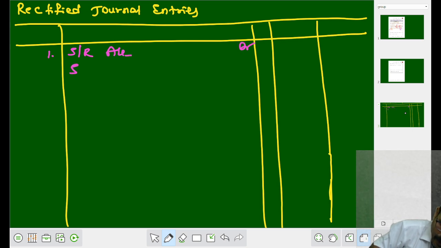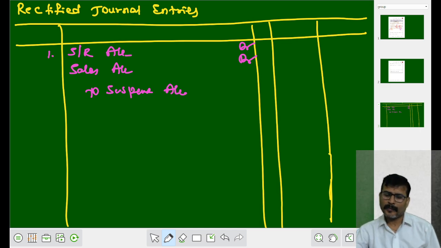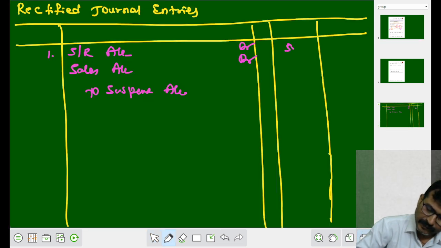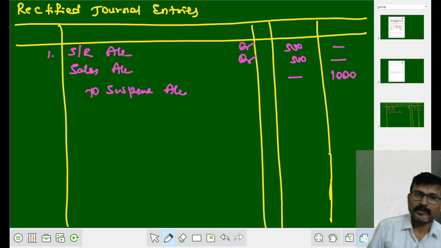Sales returns account debit, sales account debit, to suspense account. How much amount, my dear students? 500 plus 500, 1000.